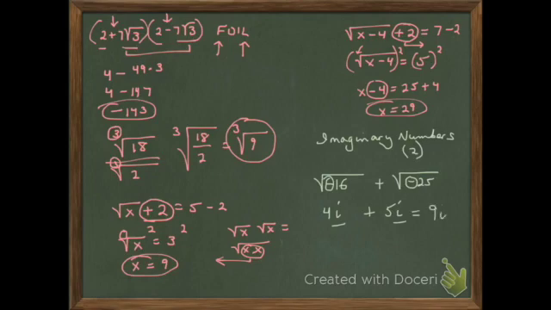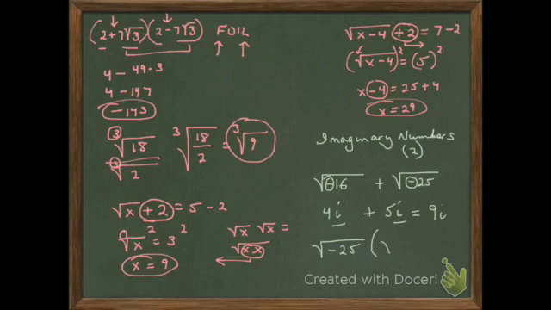If I instead have the square root of negative 25 times the square root of negative 16. Let me get that erased here. Try it again.